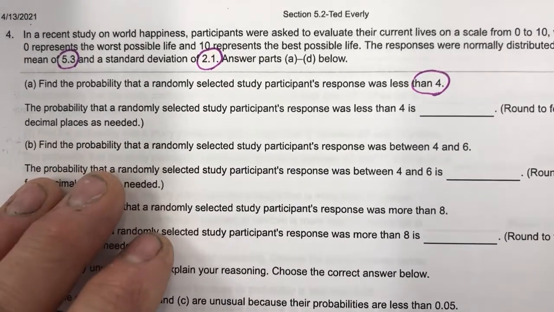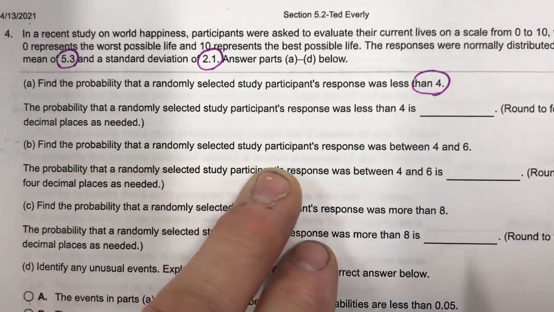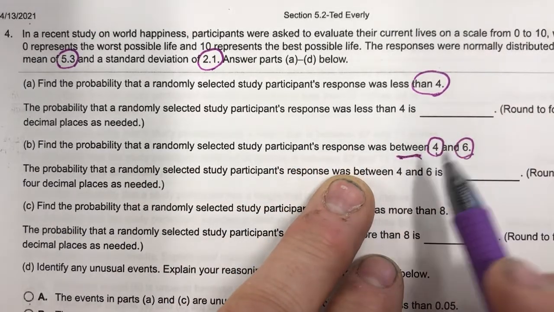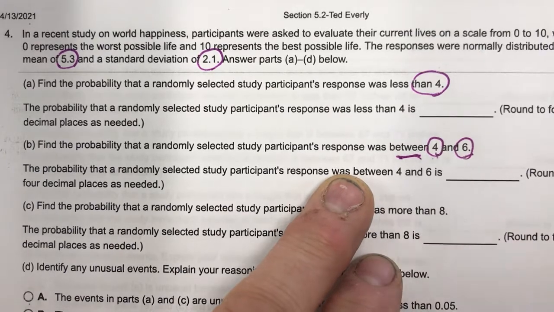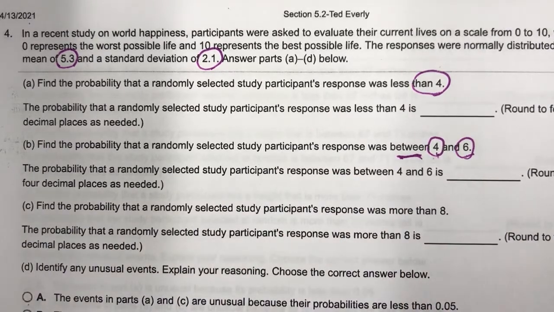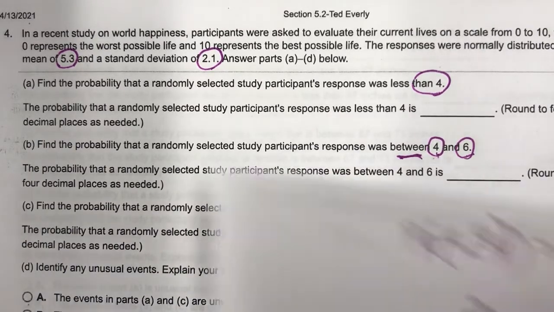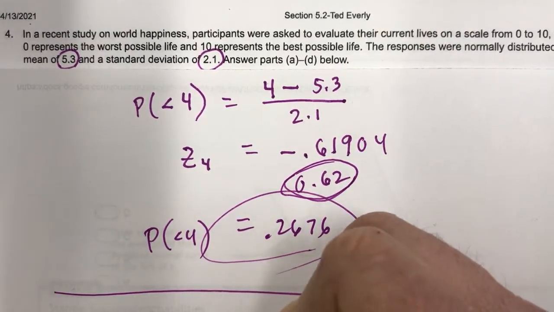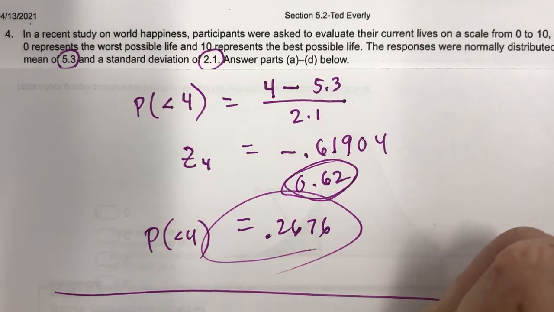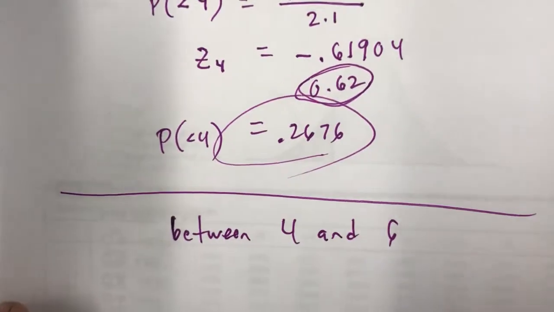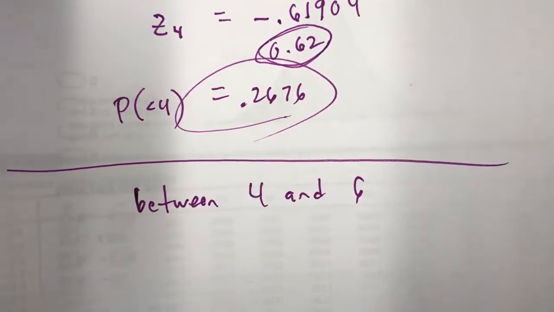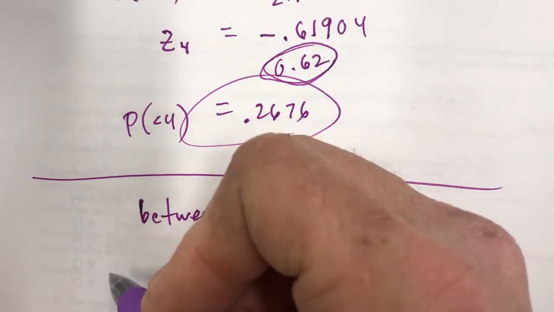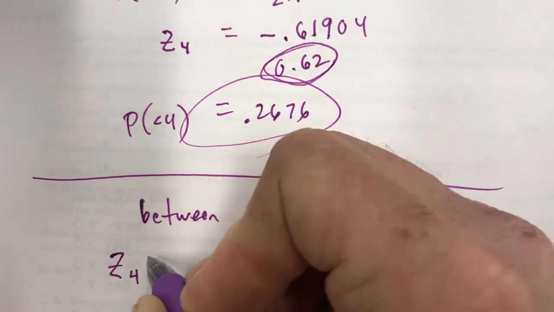Part B. Find the probability that a randomly selected study participant's response was between 4 and 6. So now we've got between. So I look up each one of these, find the probabilities, and subtract them. So let's do 4. I'm going to find the z-score of 4.